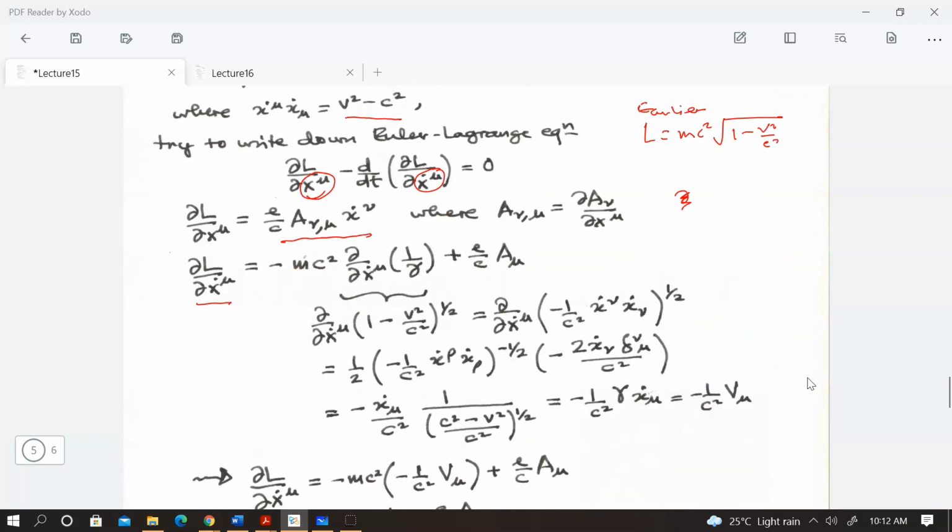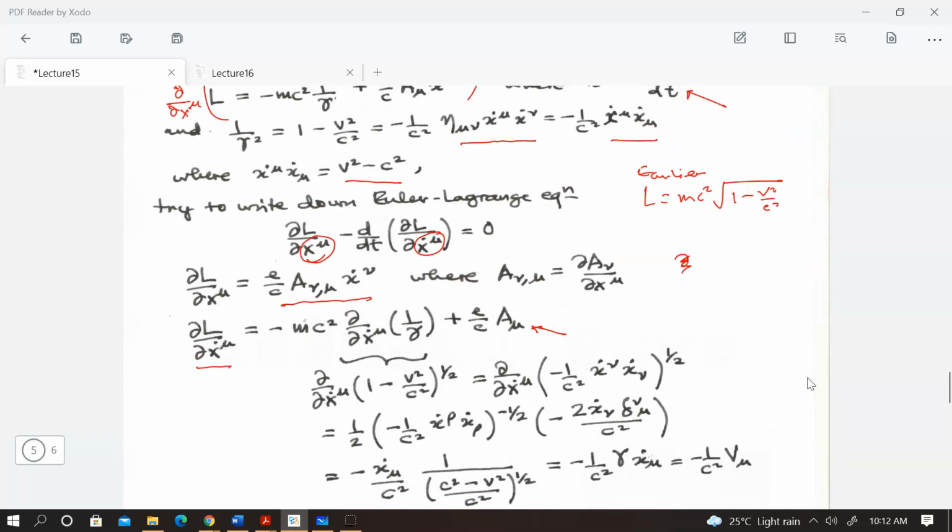Okay, so that will just give you A mu. Okay, so we need to find out what this is, and this is the reason that we have done above, to write this as 1 over c squared x dot mu x dot mu. Okay, so this is that. This is the same as that.